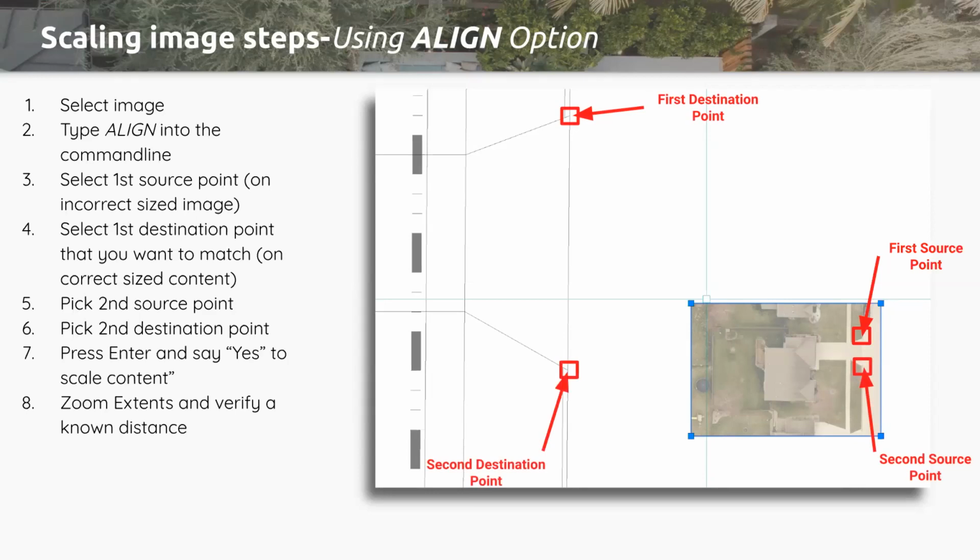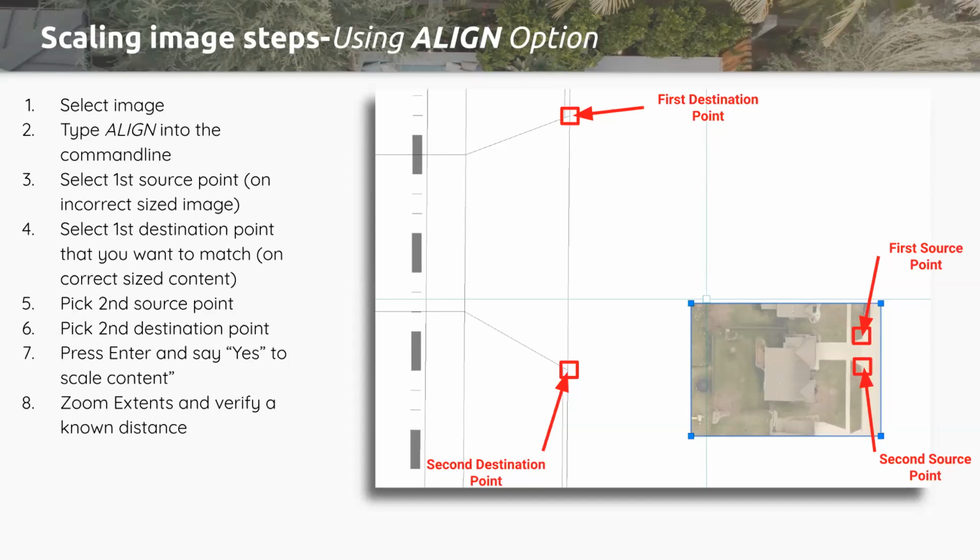So we're basically picking first the image, then the content that you want to match, and then the second point of the image, and then the same second point on the content that you want to match. From this point, you can add additional points, but you can just right click or press enter to continue. And then you're going to say yes to scale the content.